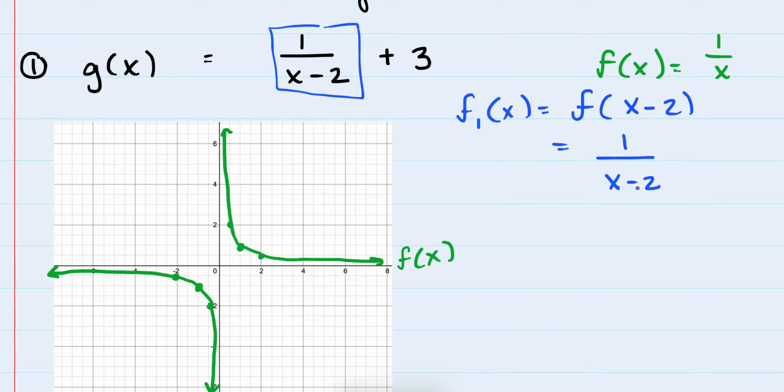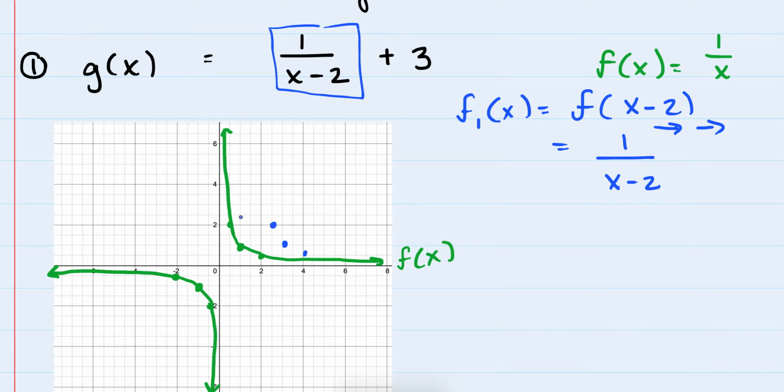Let's graph this piece first though. So here I've plugged in x minus 2 into the function. Remember that that corresponds to a horizontal shift. This -2 means we go to the right 2 units. So these 3 points I made, we're going to move them over 2 units. So this is 1, 2, 1, 2, then 1, 2. And now we're going to try to draw this. And see this asymptote here?